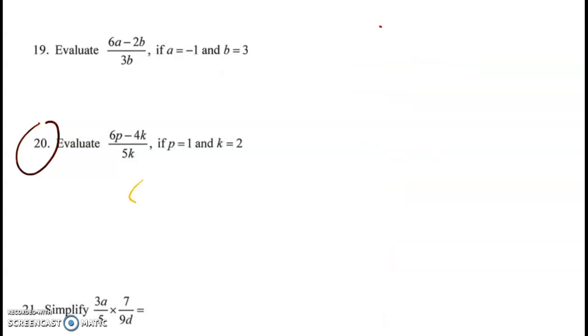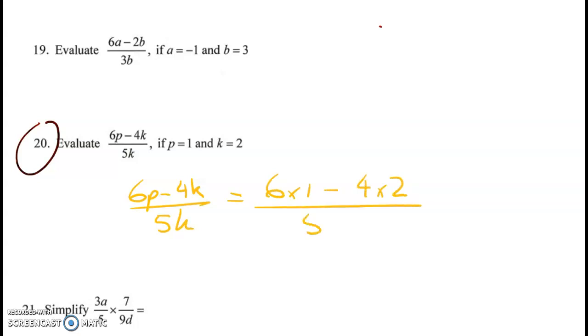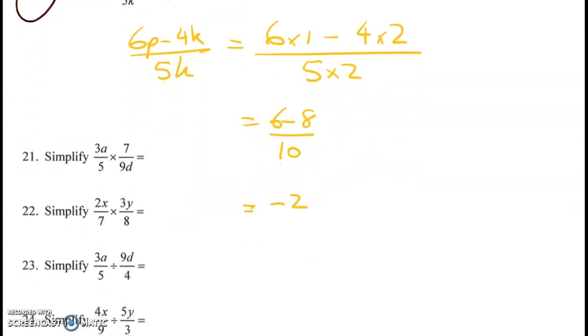So 6p minus 4k over 5k is equal to 6 times 1 minus 4 times 2 over 5 times 2. That gives me 6 minus 8 divided by 10, which equals negative 2 over 10. Simplifying gives us negative 1/5.